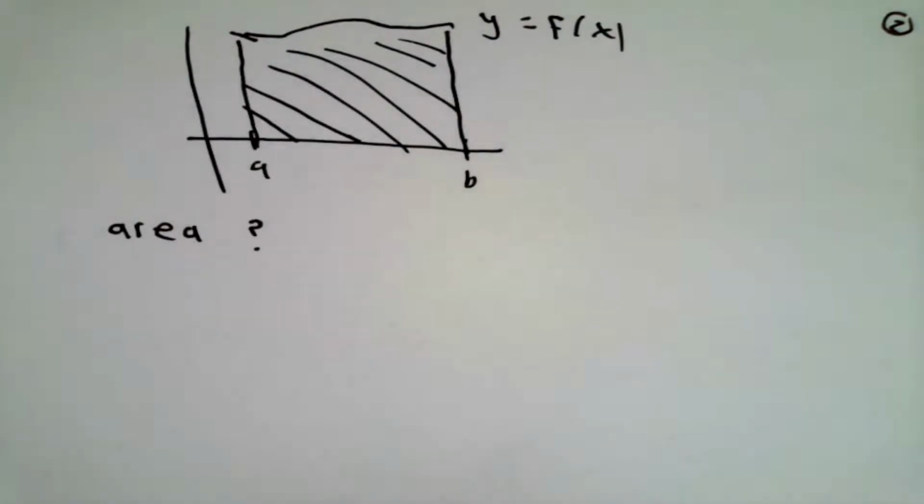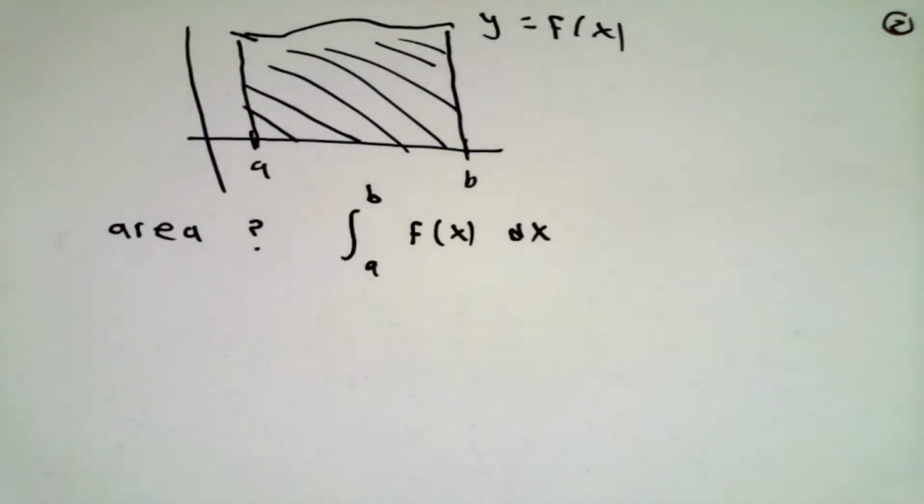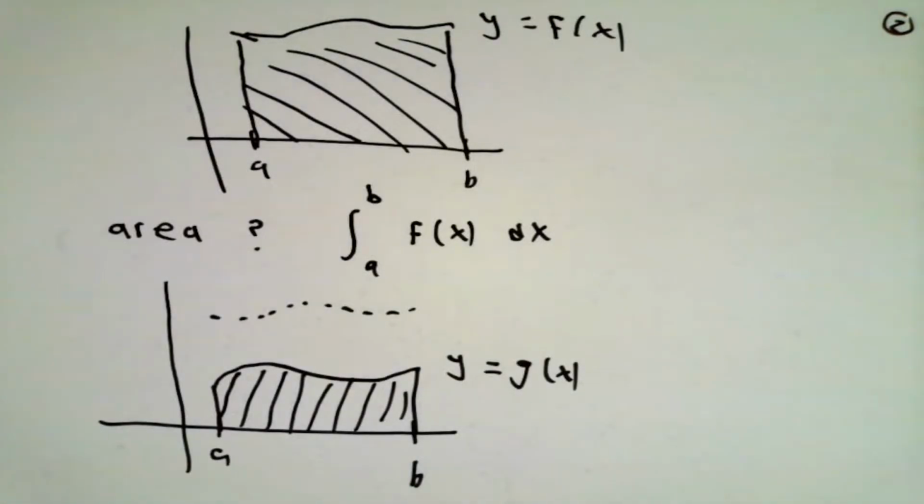Based on our previous comments, if I want to know the area that I've shaded in here, this is easy to do. Assuming that f is continuous and positive, this area is just the definite integral from a to b of the f function alone. But that integral doesn't represent the area between the curves because there's no reference to function g in it.